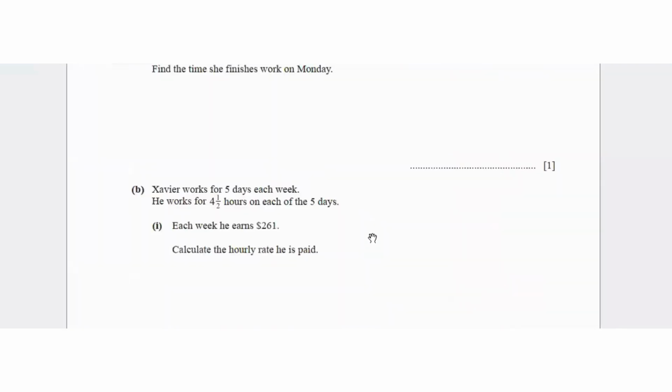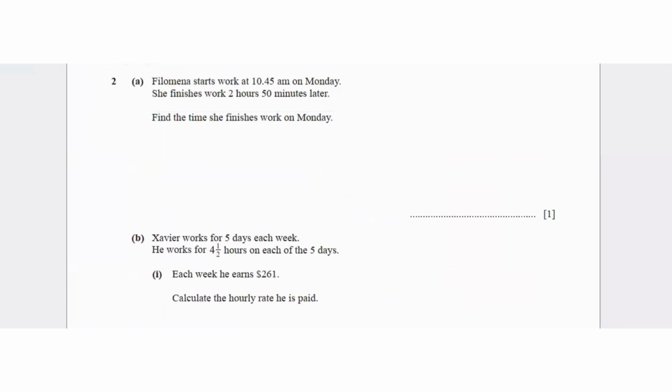And for question number 2, it says that Lubina starts work at 10:45 a.m. on Monday, and she finishes work 2 hours and 50 minutes later. By the time she finishes work on Monday, 10:45 plus 2:50, 5 plus 0 is 5, 9, 2, 1.